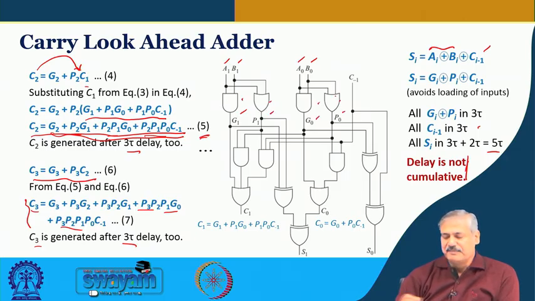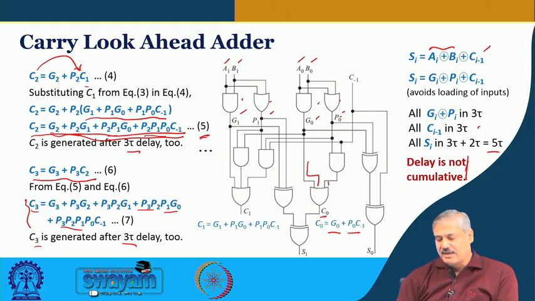Then C0 will require G0 plus P0 C minus 1. So, G0 is coming over here, this is ORed with P0 and C minus 1, which is another input of the OR gate. This is how C0 is getting generated.